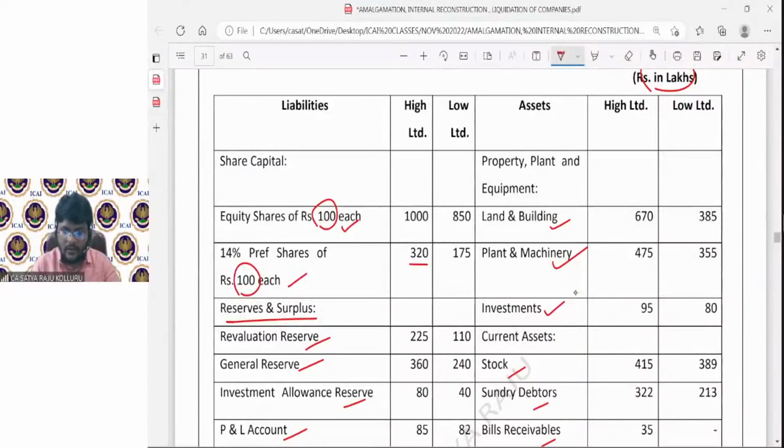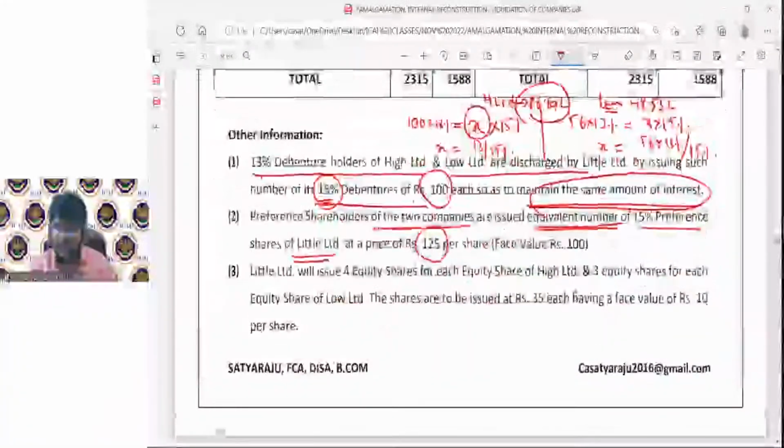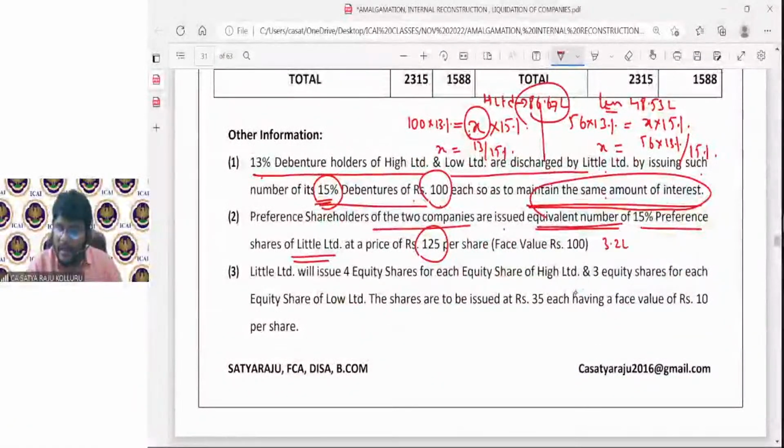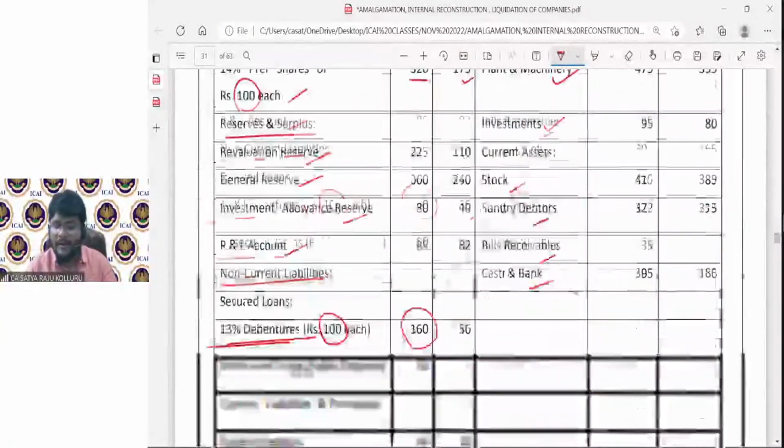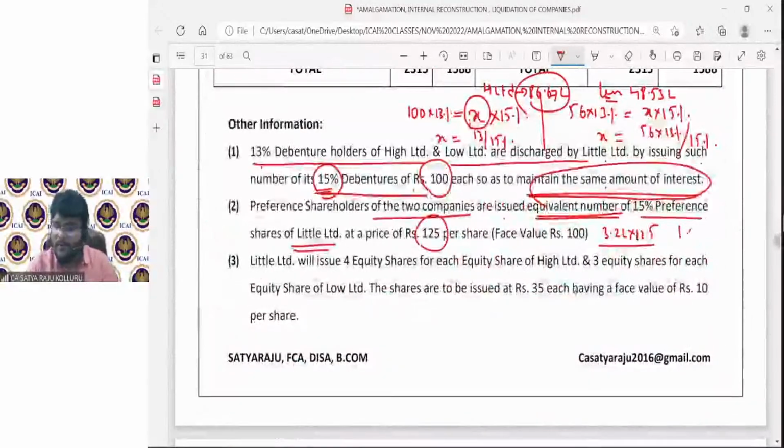Do you agree? 320 divided by 100 rupees means 3.2 lakh preference shares are there. For each preference share, we are paying 125 rupees each. That is 3.2 lakh into 125 for High. For Low, 1.75 into 125. Then you will get the amount of preference shares that should be issued.